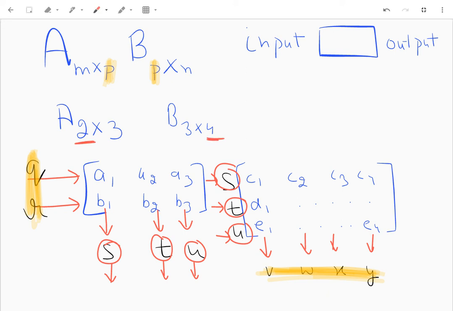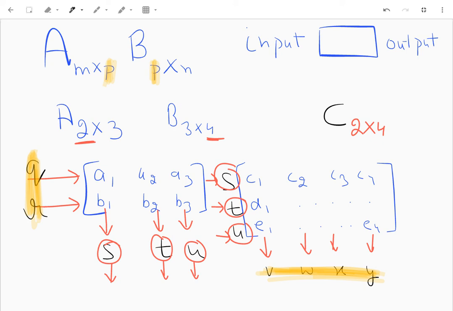So my output matrix AB will be a 2 cross 4 matrix. Let AB be the C output matrix. Let's keep it C. Okay.